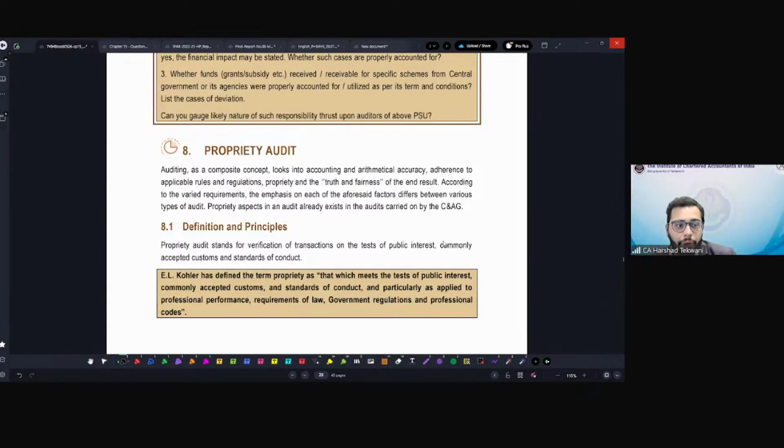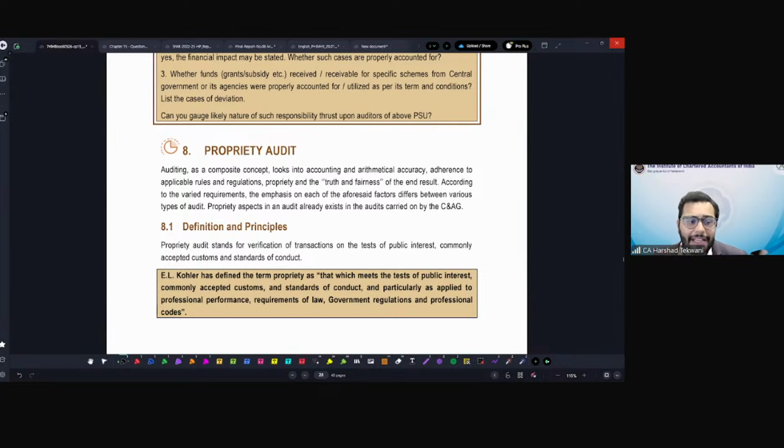Proprietary audit is a concept where you look into the decision making or proprietary aspects of a particular program, activity, function or entity. It basically deals more with the proprietary nature of things.